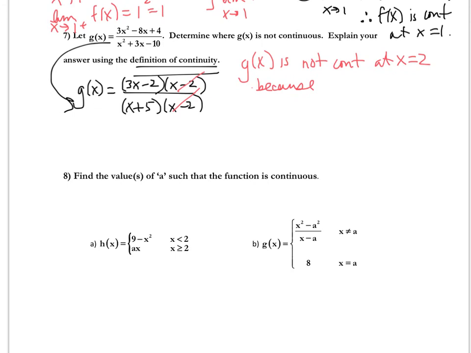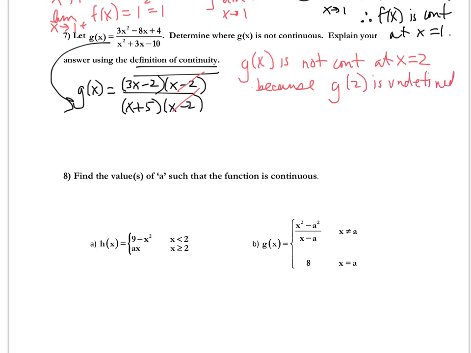That's not allowed. Instead, you need to say what that means. If there is a point of discontinuity, that means the graph is undefined there. So we would say that g is not continuous there because g of 2 is undefined.